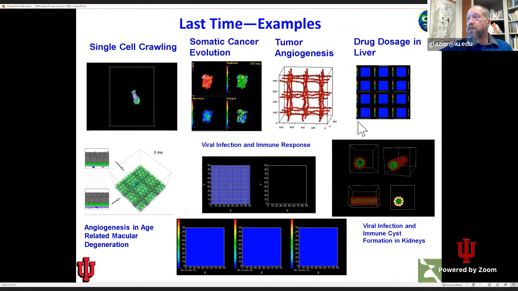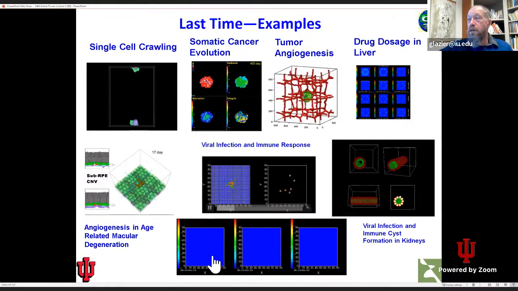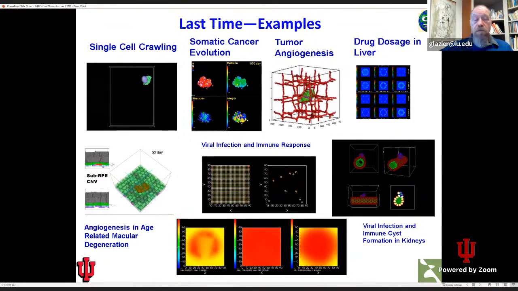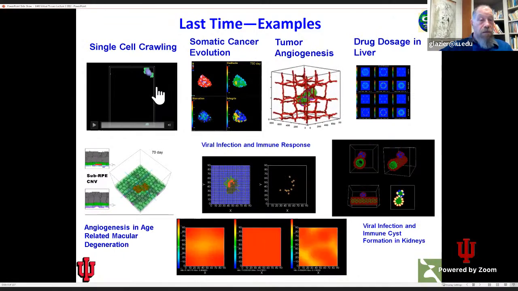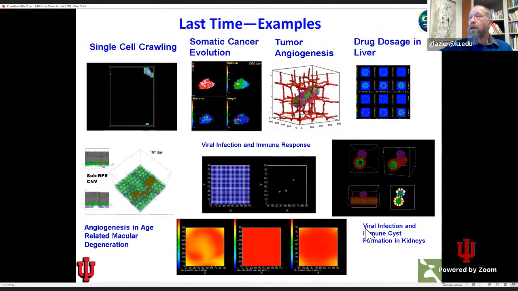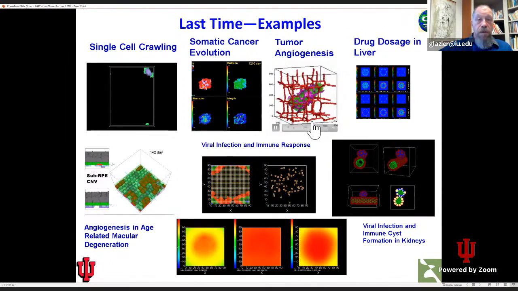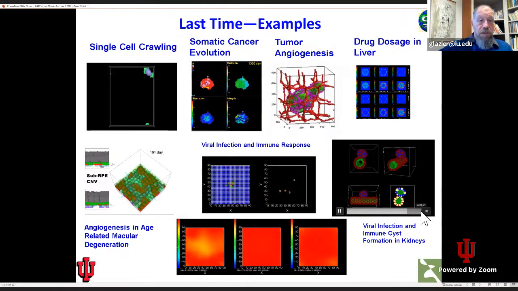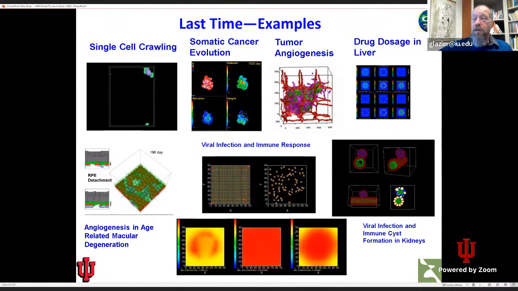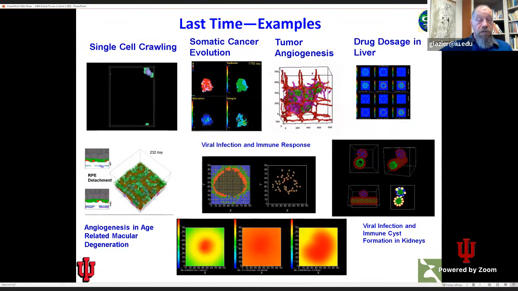Some of these we skipped in the interest of time, but one of the things this kind of modeling does is produce movies, and these are sample movies of different biological situations one could simulate: from a detailed model of a single cell crawling on a substrate, to a very abstract model of somatic evolution in cancer, to more spatially detailed and realistic models of a tumor growing surrounded by blood vessels, the formation of a cyst in the kidneys, blood vessel invasion in the retina, viral infection in a patch of lung tissue, and, on the top right, fluid flow in the liver.